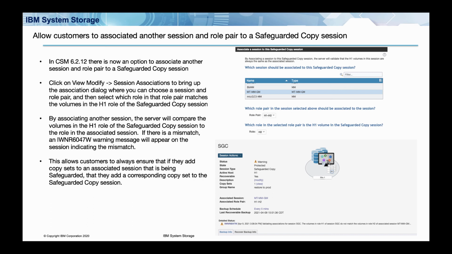So just to give some background, when CSM implemented safeguarded copy, we knew that there would be so many different flavors, so many different ways that customers might want to use it.